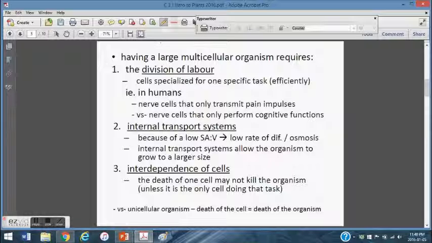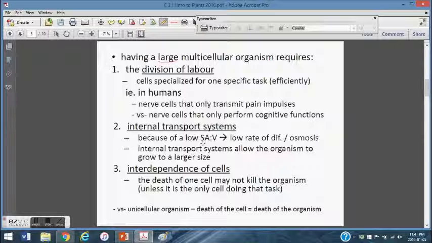If the multicellular organism is going to be large, it requires an internal transport system. And this has to do with the low surface area to volume ratio. If you think back to that graph in the last set of notes, with the shrew, the mice, the rabbit, the human, the horse, and the elephant.